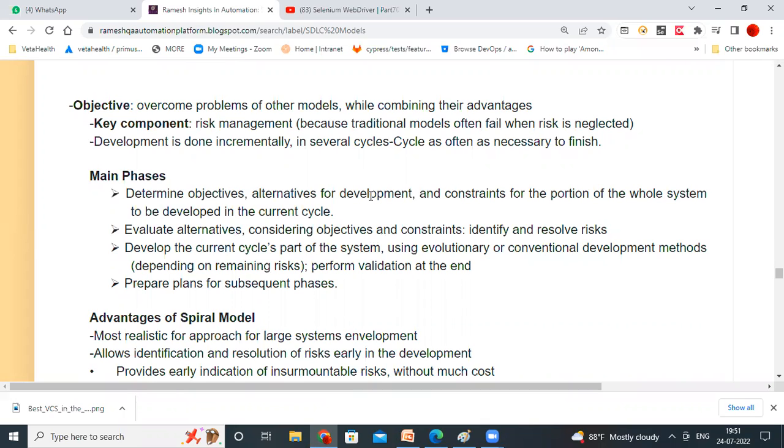Any constraints that are there, you will identify and resolve them. Then you will start developing in the third phase. So development will be started, and testing can be taken care of in the third phase. And in the fourth phase, you will prepare for the next phase. You will plan it in advance. That's all the 4 phases.